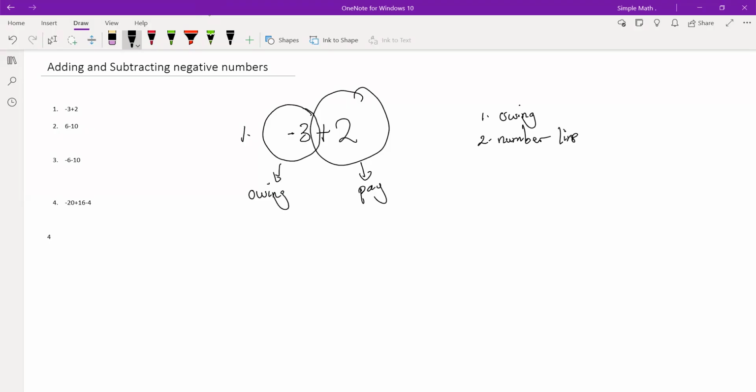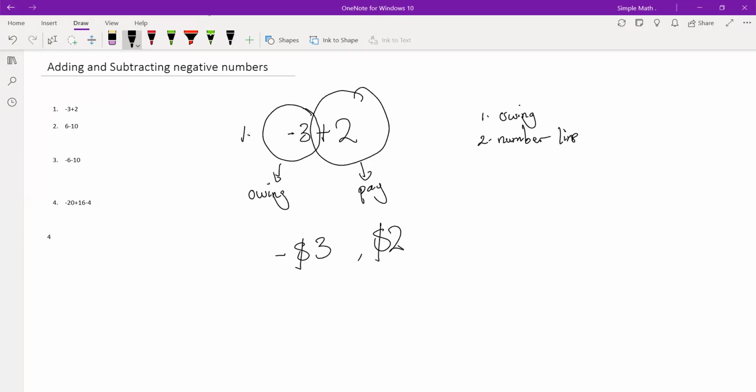When you pay or give somebody money, it comes out of your pocket, right? So just imagine somebody is owing you $3, and then the person decides to pay you back $2.